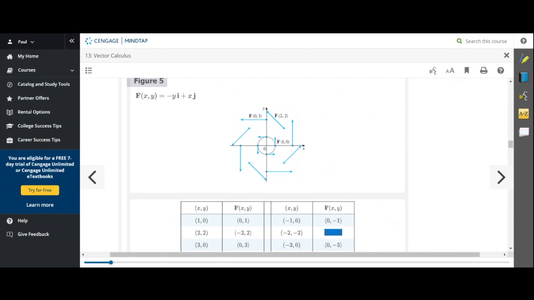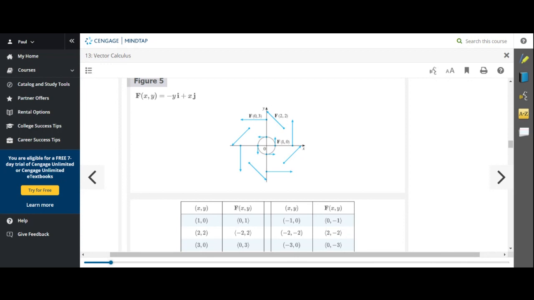For instance, at the point 1, 0, the vector field is negative y i plus x j, so the actual vector at the point 1, 0 is the vector 0, 1. You can see in the figure they're drawing the vector 0, 1 at the point 1, 0. And at 2, 2, the vector is negative 2, 2. So in figure 5, at the point 2, 2, they draw the vector corresponding to negative 2, 2.